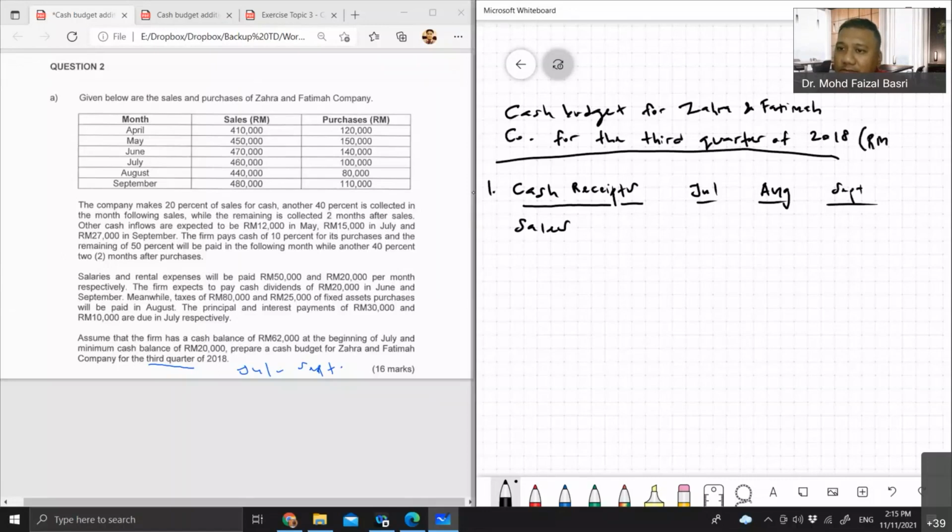Usually I put this: any numbers that I put here are in Ringgit Malaysia, in thousands. So if I want to put, let's say, 10,000, I just put 10 here, because the thousand is in the title. But be careful, make sure every item you put is consistent.